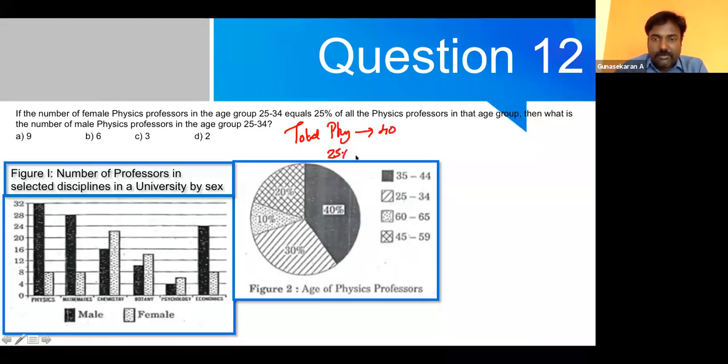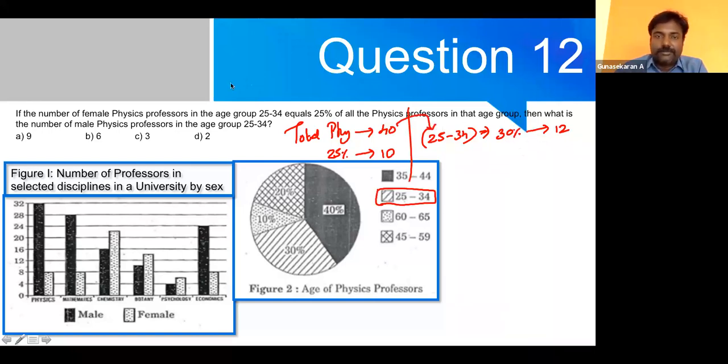That 25% is how much? 10. Okay, so in this 25 to 34 zone, how much percent is it? 30%. 30% is 12. Understand?